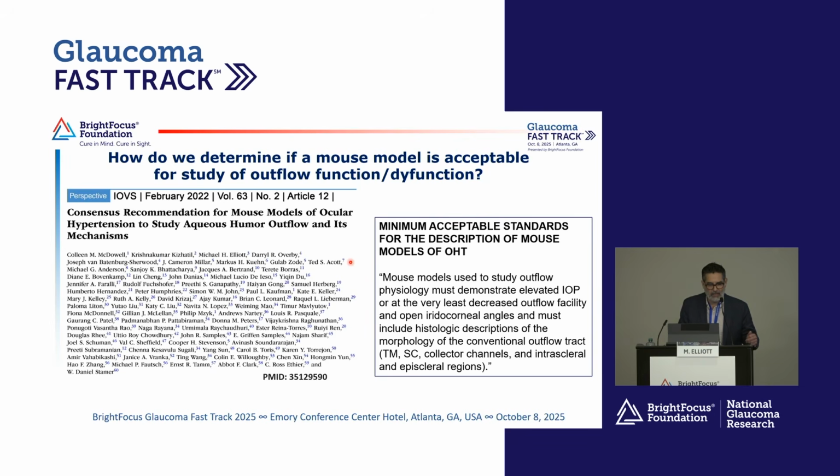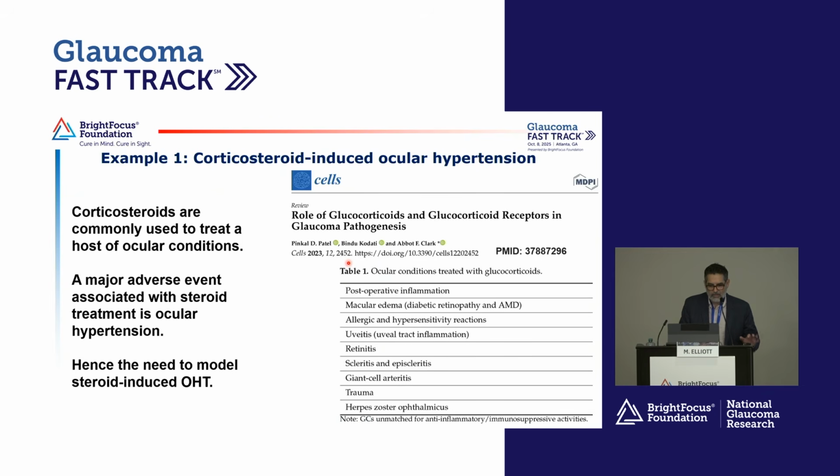Mouse models used to study outflow physiology must demonstrate elevated IOP, or at the very least decreased outflow facility, and open iridocorneal angles, and must include histologic descriptions of the morphology of the conventional outflow tract. So I'm going to introduce a couple of example models now that I think fit that bill.